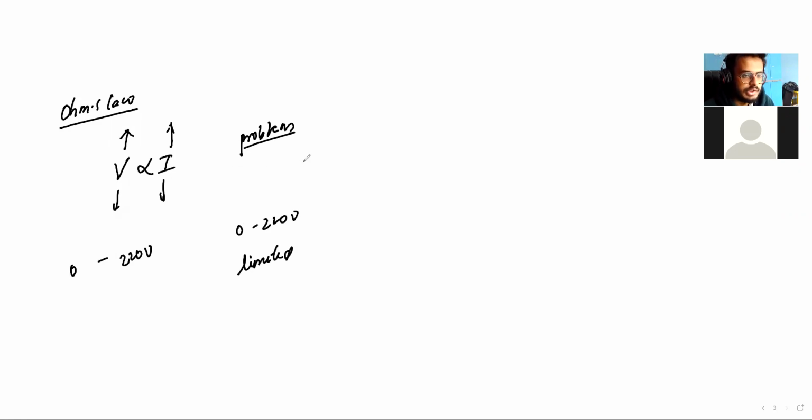So the proportionality sign changes into equal to, and there is a constant factor that comes in, known as resistance. Now resistance will limit the current. How? If voltage is 220, I can have a current of 2.2 ampere.